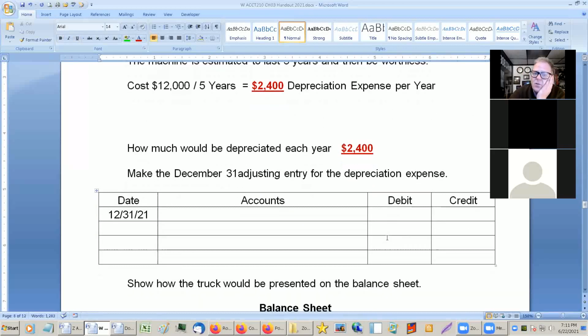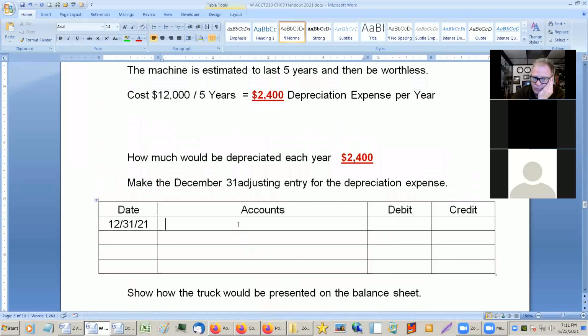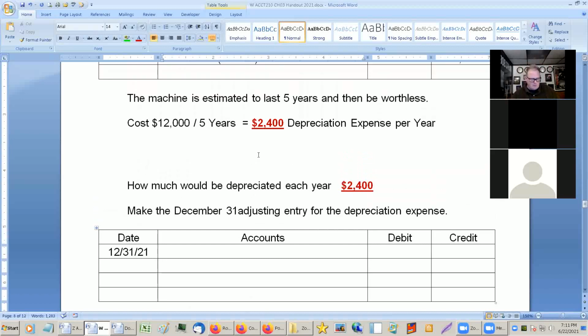So we're going to expense $2,400 each year. Journal entry exactly the same, the morbid acronym. That's for all depreciation.